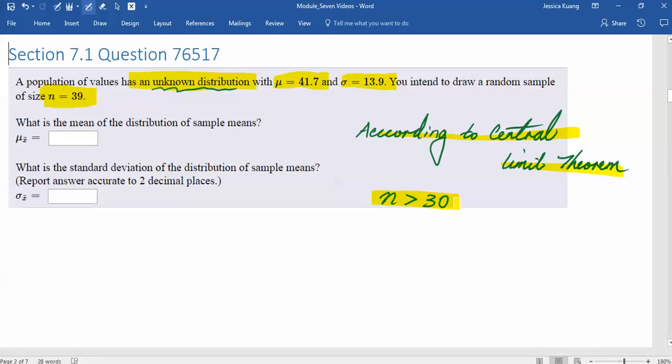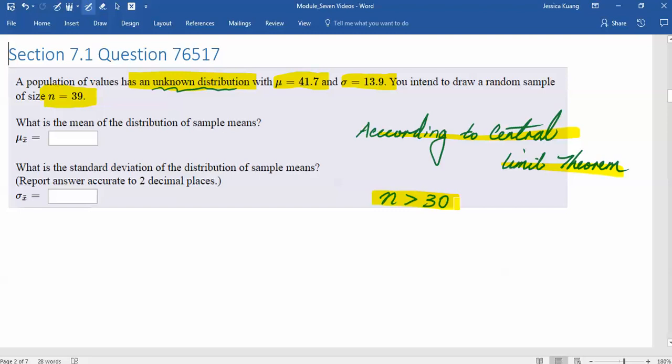So in this case, if we could assume that we repeatedly draw a random sample with size equals 39, and I record the data from each individual and calculate the sample mean. So each time I draw a sample of 39 units, I calculate the mean and I place those units back and I draw another random sample of 39 units. I just keep doing that again and again, and I keep recording the mean.